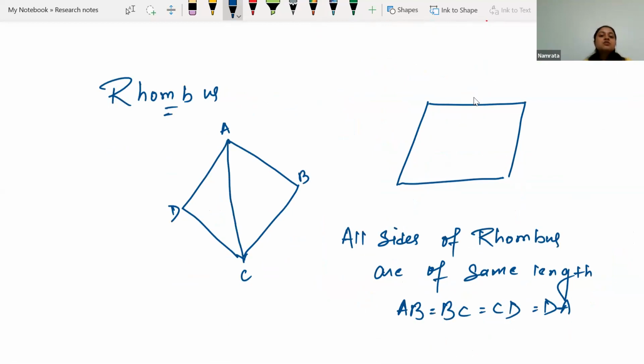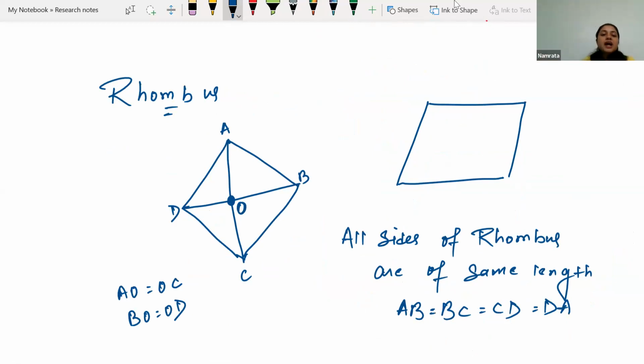So a rhombus will also follow this property, that the diagonals of this parallelogram or quadrilateral or rhombus, you say, will bisect each other. That means AO will be equal to OC and BO will be equal to OD. This is the quality of a parallelogram, which the parallelogram has passed on to the rectangle and rhombus.